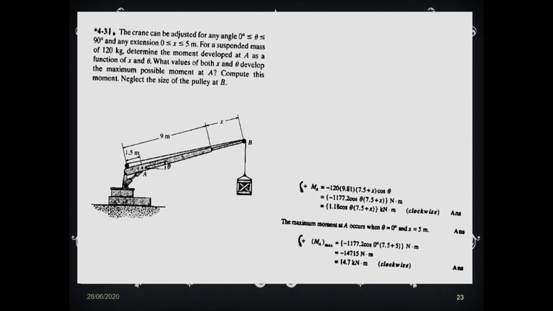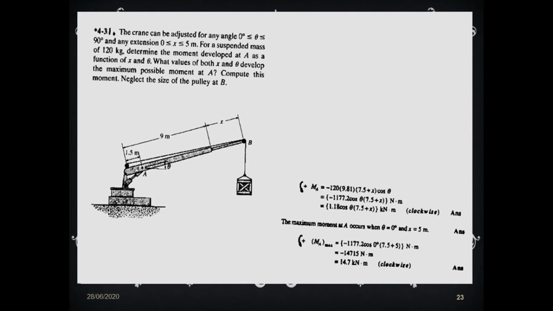So what we do is calculate the moments at A with the force acting at B. If you look at it, the mass is 120 kilograms. To convert that into a force, we need to multiply it with 9.81. So 120 kg into 9.81 gives you the force.